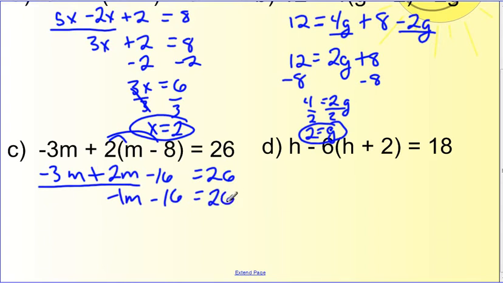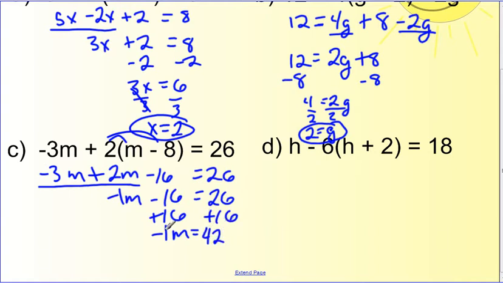You always do check both sides for combining like terms. Do I have variables on both sides? Nope, only this one. So, start moving on. We don't have to do the get rid of the variable on the right side. So we're going to add 16, negative 1m equals 42.